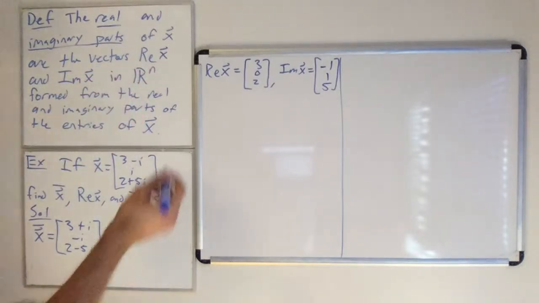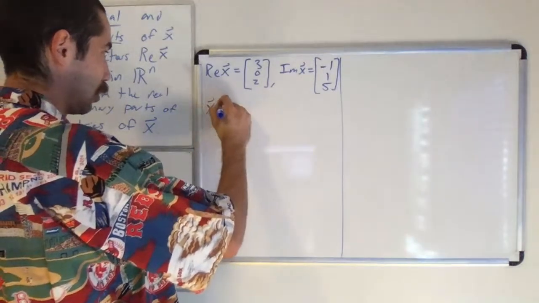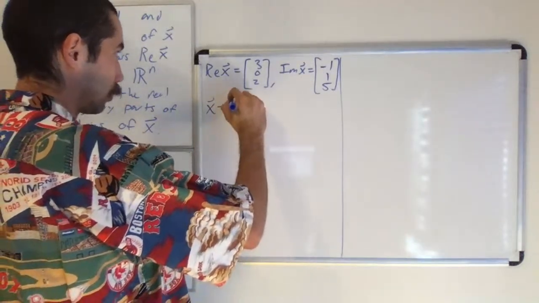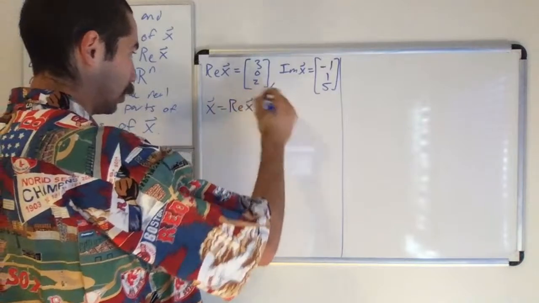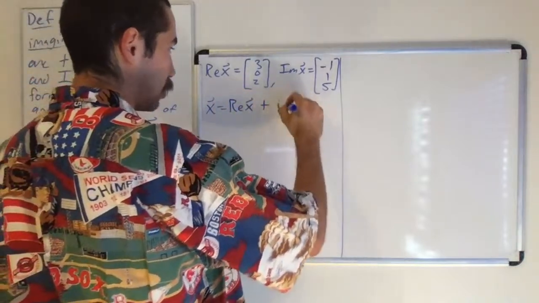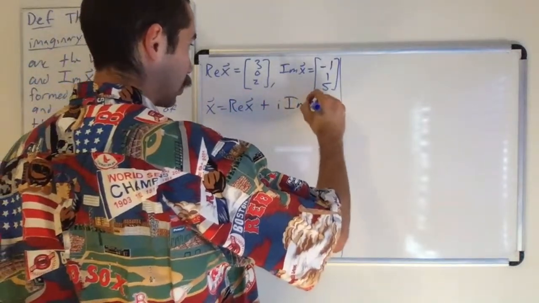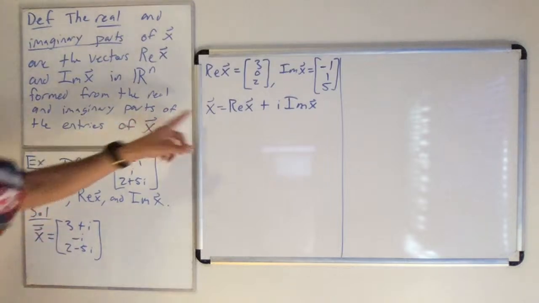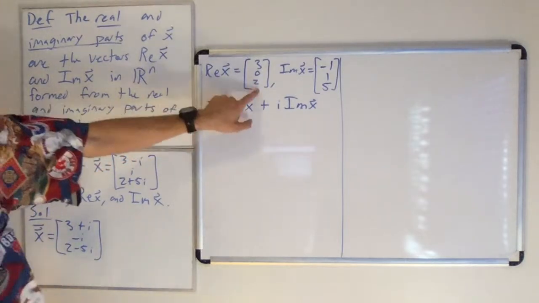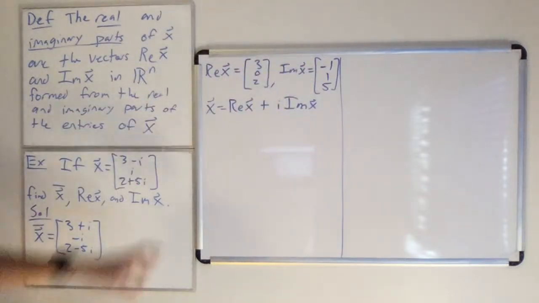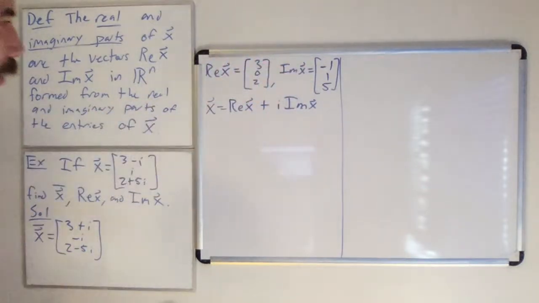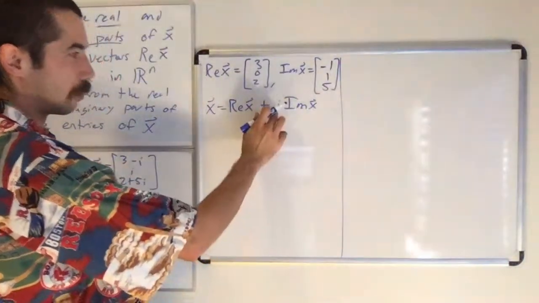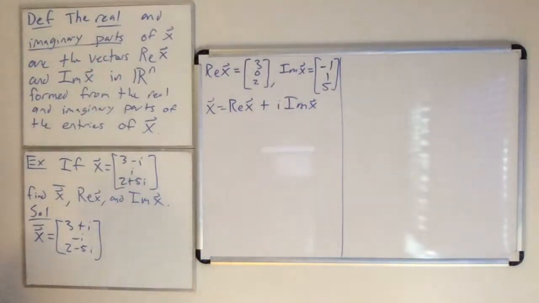Okay, and you could check, it's a fact that X is equal to Re X plus i times the imaginary components of X. So this gives us a way to take a complex vector and break it up into 2 real vectors. And we'll just have to remember that there's a factor of i here.